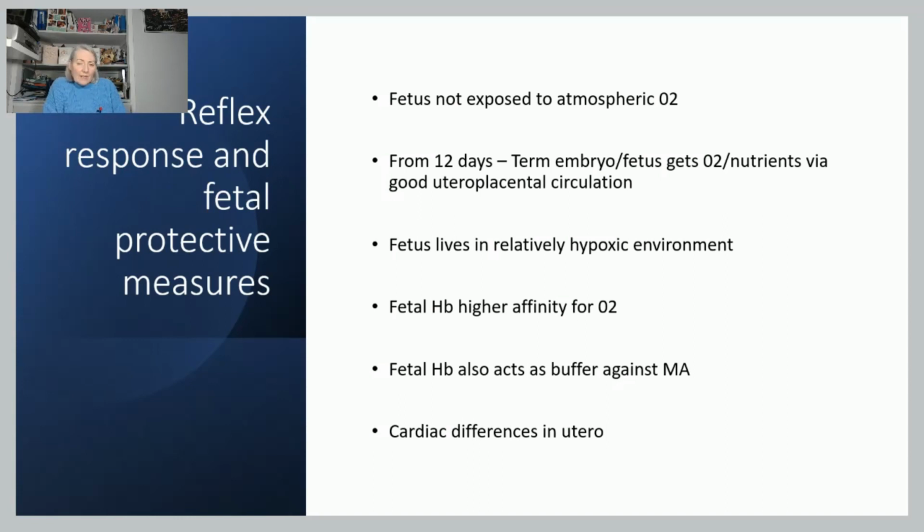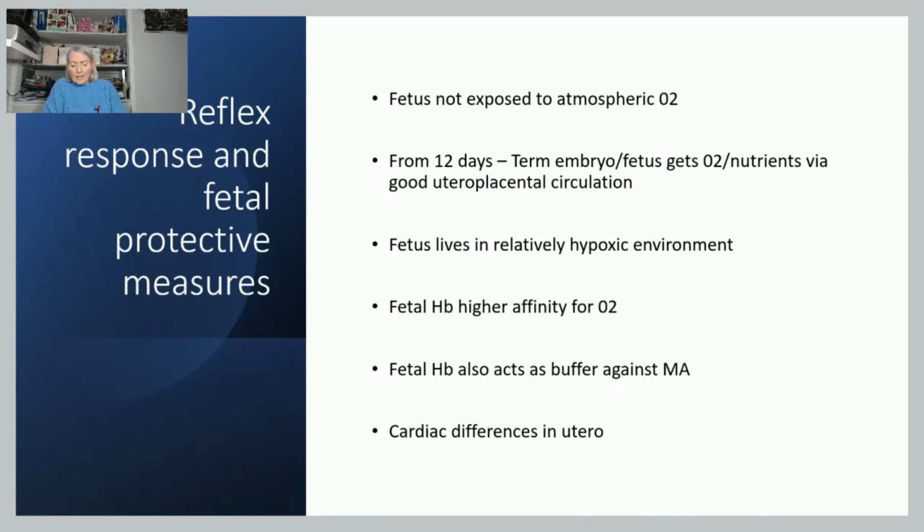The baby lives in a relatively hypoxic environment, and at the beginning of labour, its O2 sats are probably only about 70%, and contractions will take them down to as much as 30%. But the baby is an amazing thing, really.